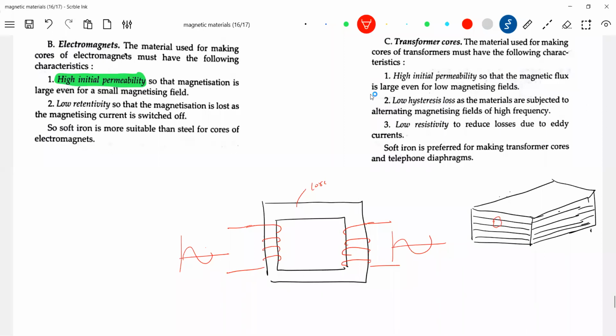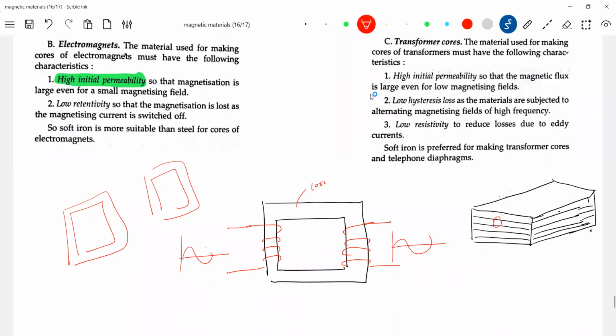Take paper, cut it like this, and stick thousands of thin papers together. You'll get a thick square frame like our notebook, where the pages do not permit eddy currents.